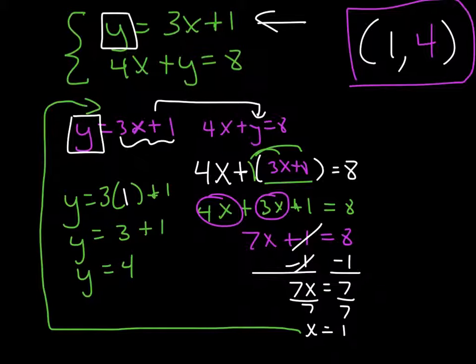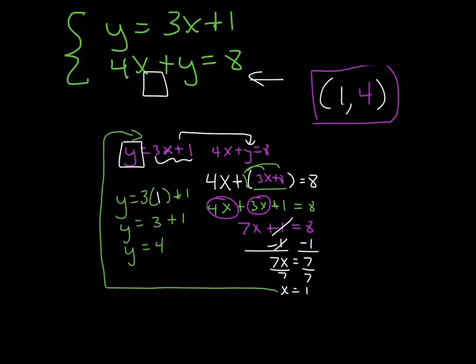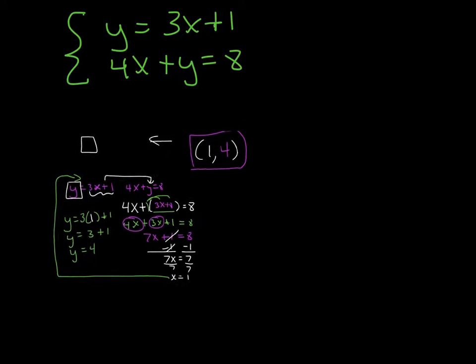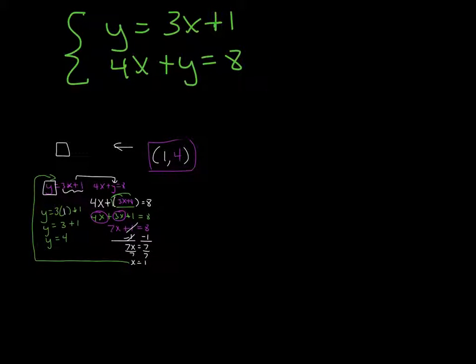Now you could go back and double check by plugging into the first equation. Let me go ahead and minimize this. So I'm going to take this first equation, and plug in a 4 for y equals 3 times, and I'm going to plug in a 1 plus 1. 4 equals 3 plus 1, and 3 plus 1 is 4.